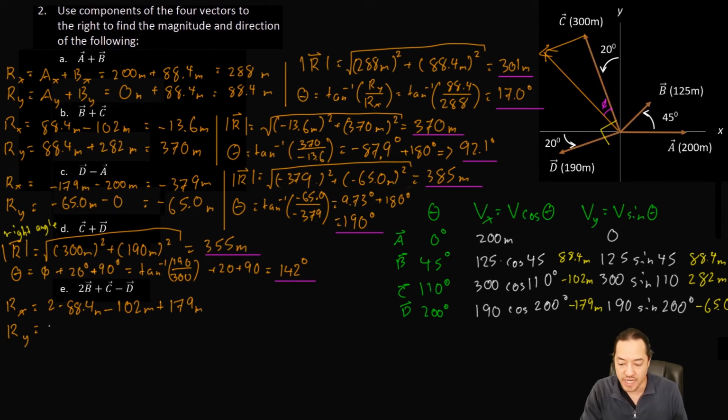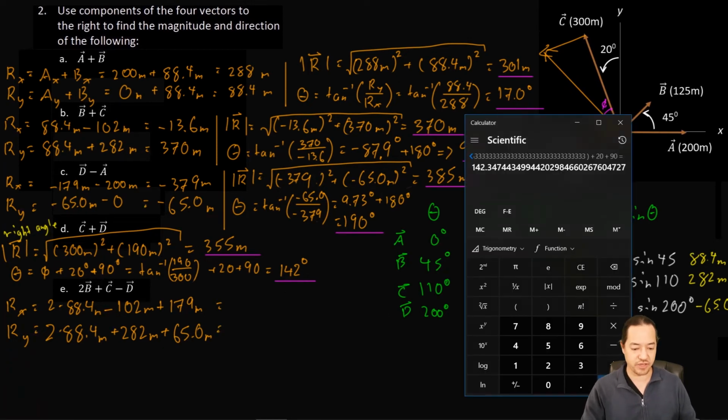And for our y, it's going to be 2 times b, which is 2 times 88.4, plus c sub y, which is going to be plus 282, and minus d, so this is going to be plus 65.0 meters. And we can just do the sum here with our calculator.